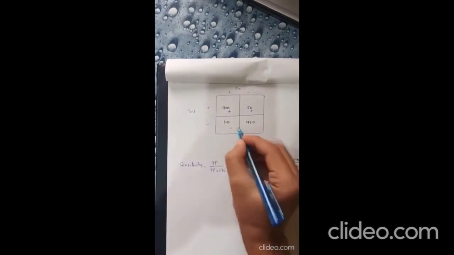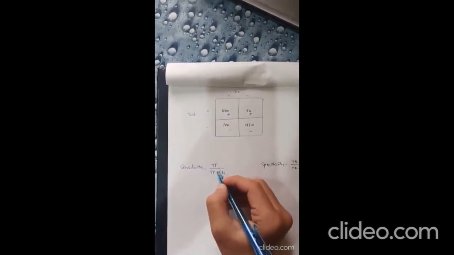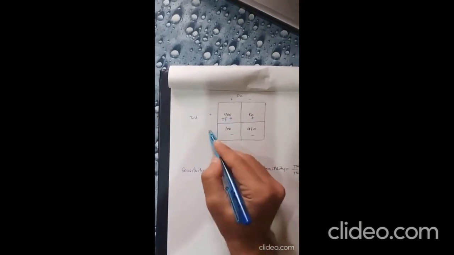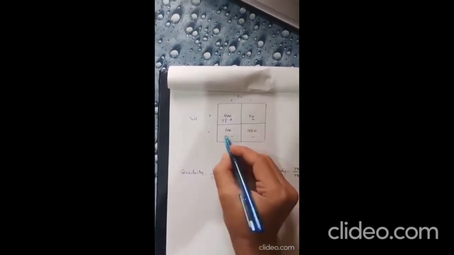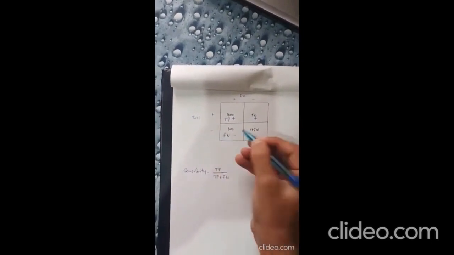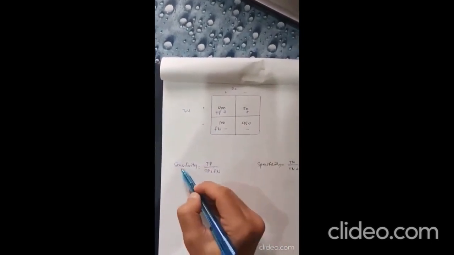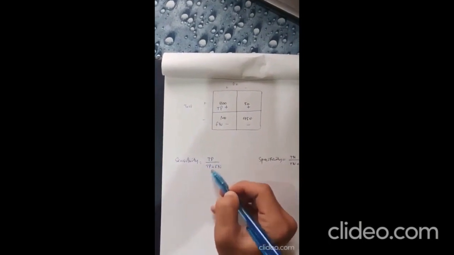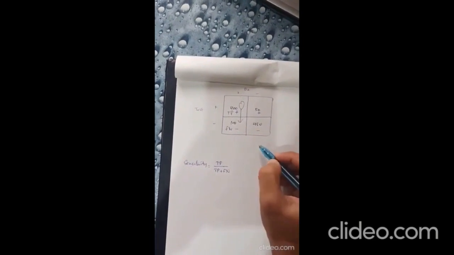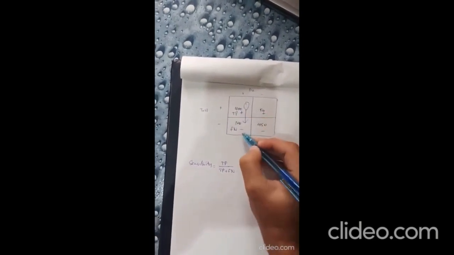If the test is negative, this whole row is negative. Test positive and disease positive is a true positive. If the test is negative and disease is positive, this is a false negative. For the calculation of sensitivity, as we have learned, we only need this column: true positives and false negatives.